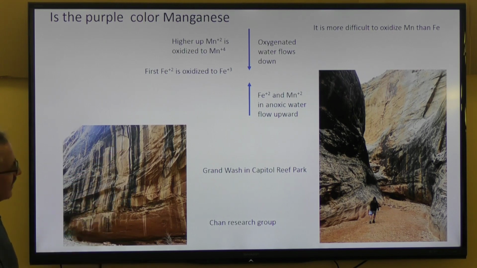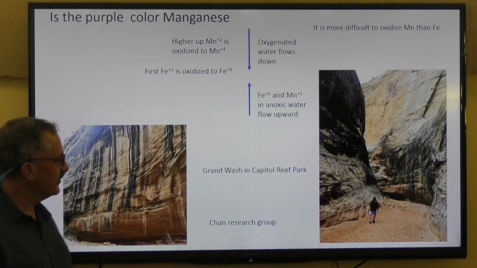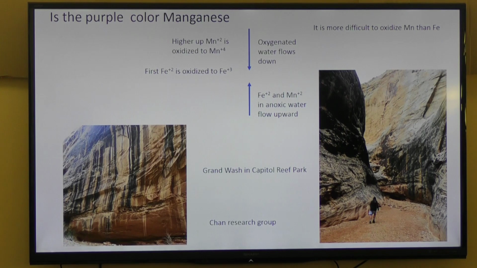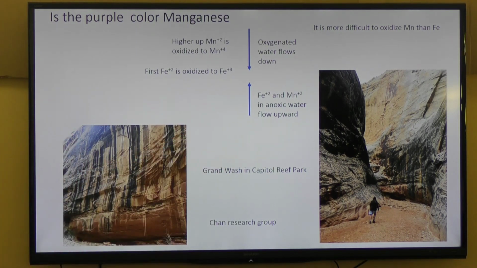These marks here have been analyzed. They're manganese oxide. This is Grant Wash, one you can walk through when you're in Capitol Reef. Marjorie Chan, professor at the University of Utah, explains it this way: you can have water that has soluble forms of manganese and iron, but no oxygen.